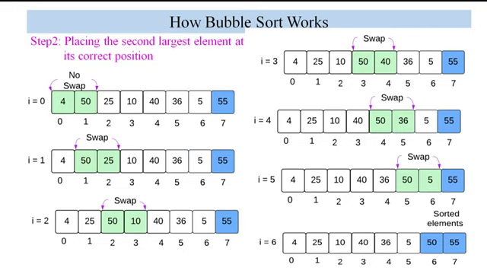Here it is shown in this slide, pass 2. So 4 is compared with 50, 4 is smaller, no swapping. Next, two elements are compared, 50 and 25. 50 is greater and 25 is smaller, so both will be swapped. Their locations will be interchanged. So 25 will be placed at the second location, and 50 will be placed at the third.